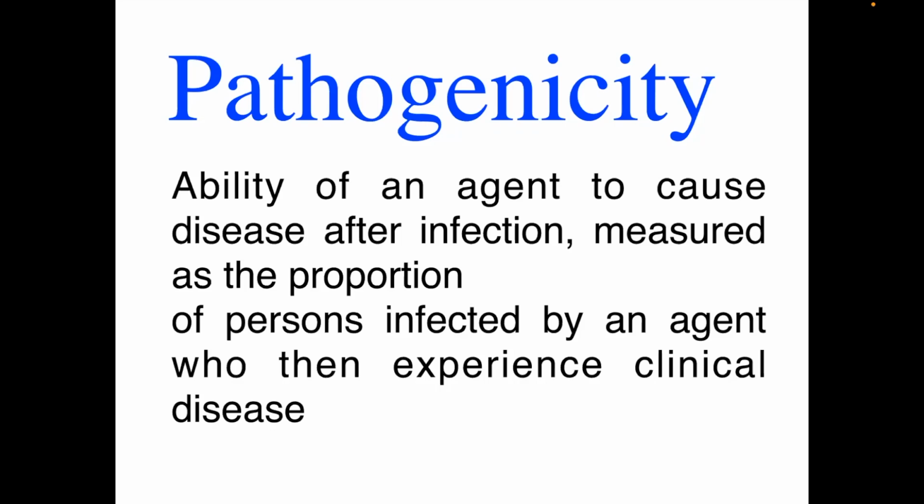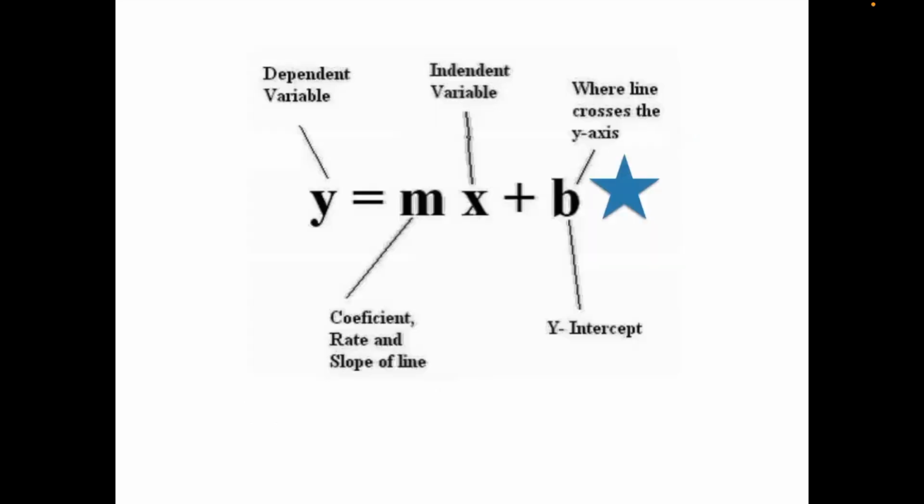Now, let me mention this. This came out in epidemiology, what we call the famous axis. So this is the famous equation: y equals mx plus b. Y is the dependent variable.